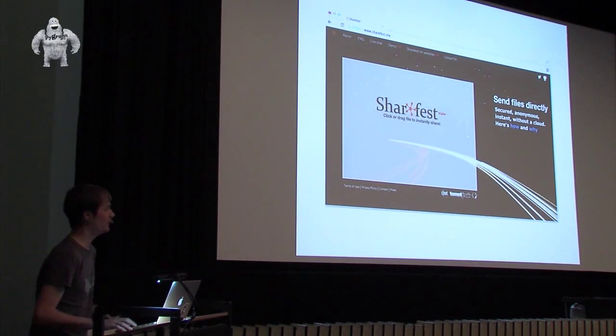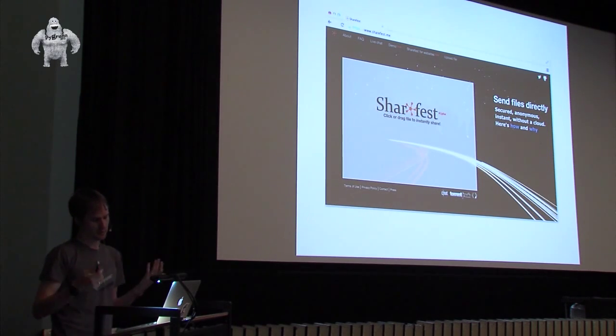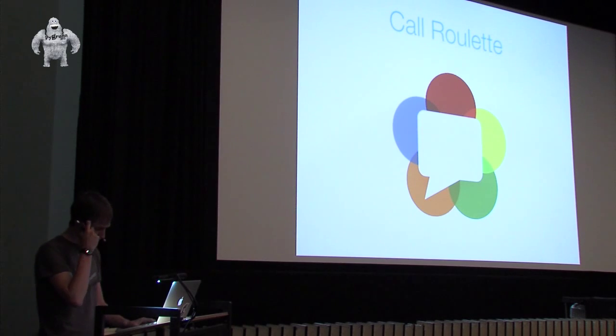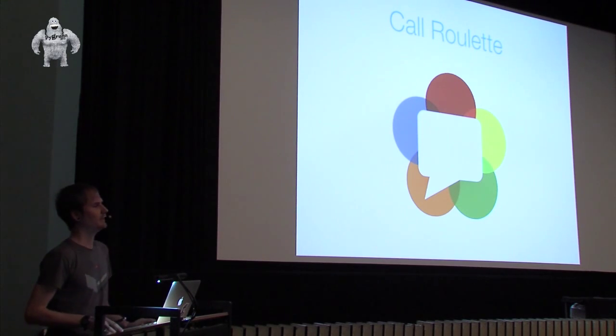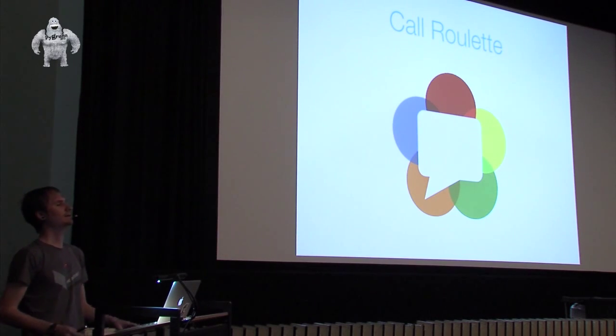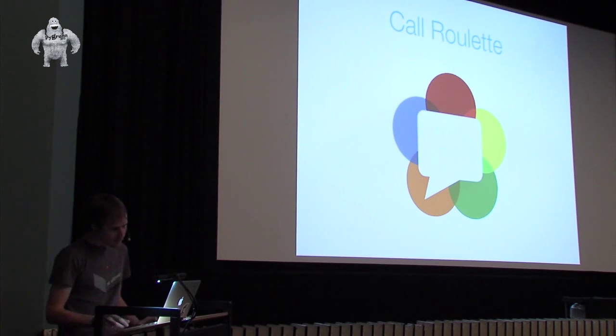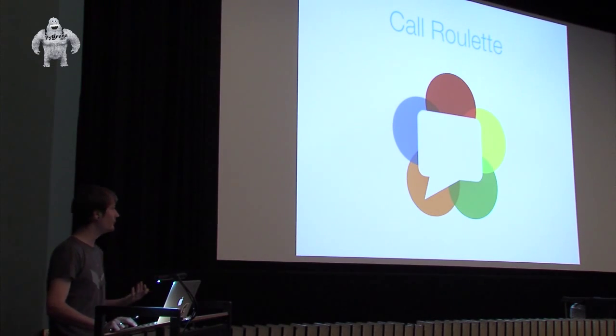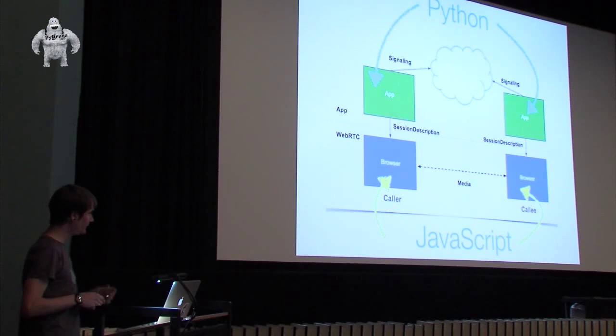And at this point, I'm going to introduce the project I did to showcase some of these things. Call Roulette. It does exactly what you think it does. It helps you contact strangers on the internet. And how do we do that, and where does Python fit in this picture? Fits here.